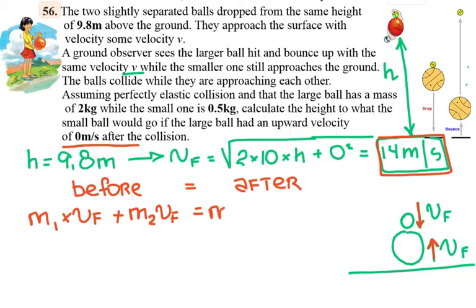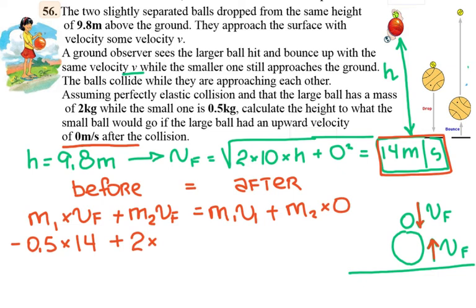So M1 will move with some velocity v1, but M2, the large one, will have 0 velocity after the collision. If I plug in the numbers, the mass of the first one is 0.5, and the velocity is approaching downward, so it's negative, so I plug in negative 14, plus the mass of the second one, which is 2, and its velocity is upward at 14 meters per second, because they say it's exactly the same velocity as it reached the ground.